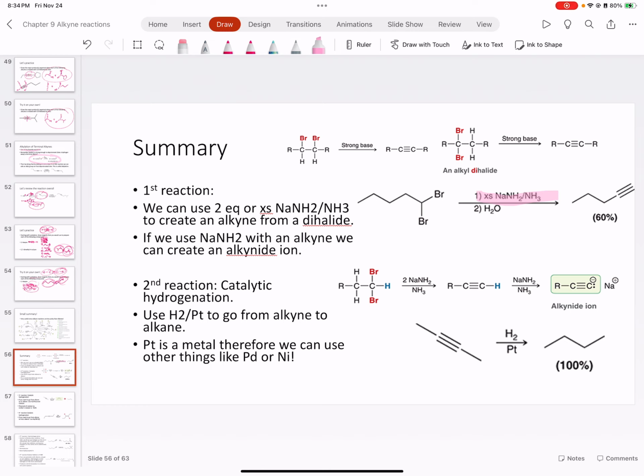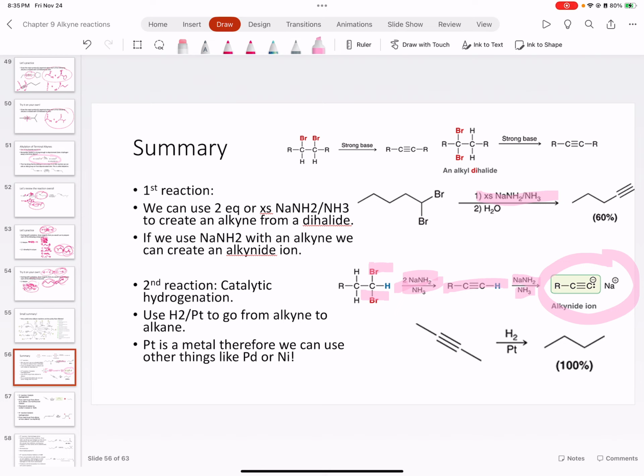So for example, if we use two equivalents and we have two halogens, we can create a triple bond from it. And if we already have our alkyne and then we're using NaNH2, we can create an acetylide ion.